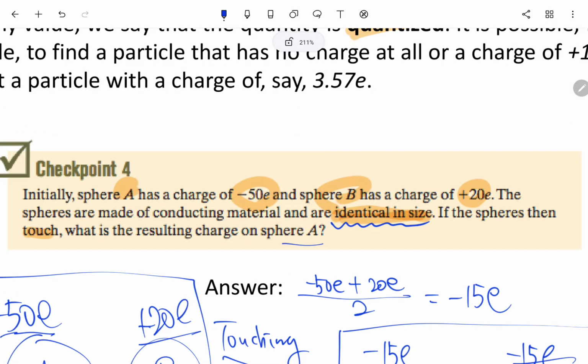Yeah, for conductor is important. Okay, otherwise there is no free electron.